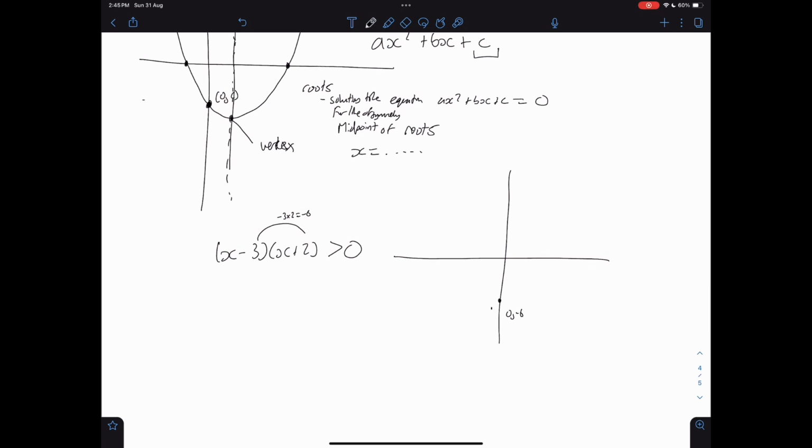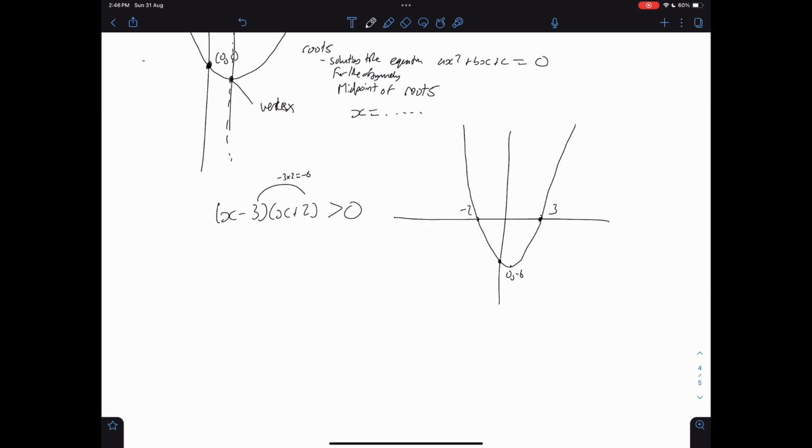Oh, sorry, the roots will be at minus 2 and 3, and then it goes something like that. Bad sketch, but they are very hard to sketch.